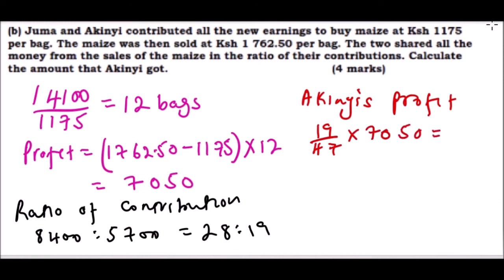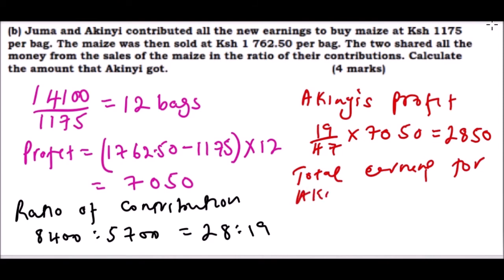When you work with your calculator, this gives you 2,850. So total earning for Akinyi would be her salary, which was 5,700, and then you add the profit that she got from maize selling, which is 2,850.